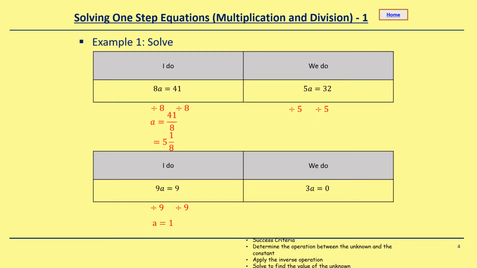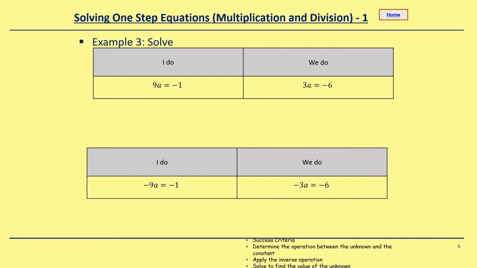Okay, so hopefully you've known that you have to divide by 5. So you get 32 over 5, and that simplifies to 6 2/5. And in the last one, a is 0, because 0 divided by 3 is 0.